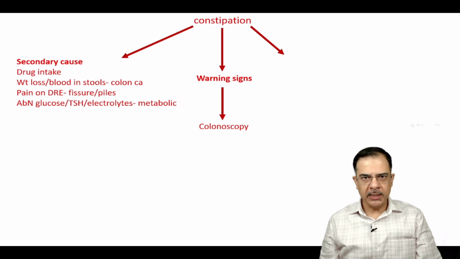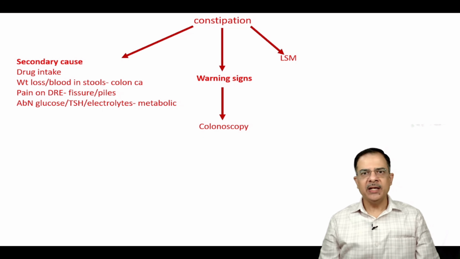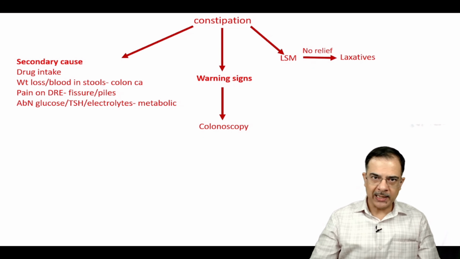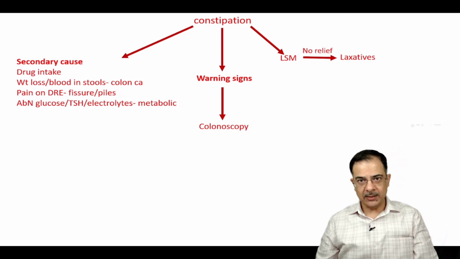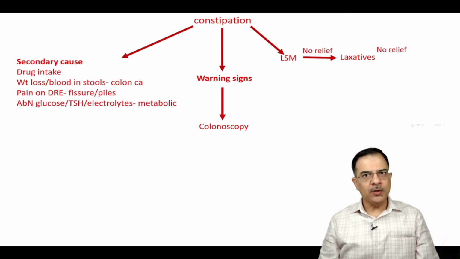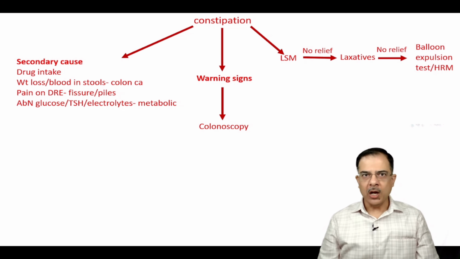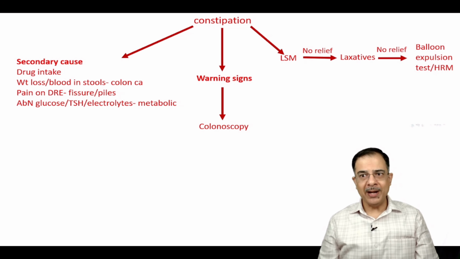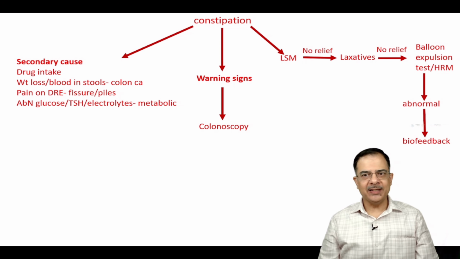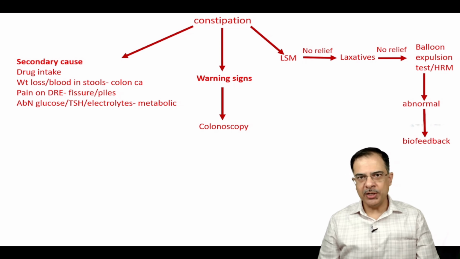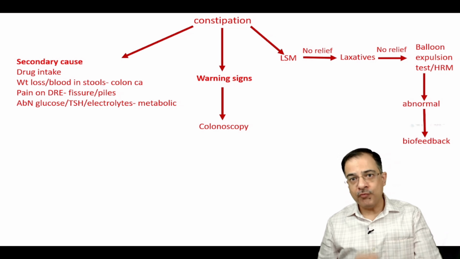If there are no warning signs and no secondary causes, it is most likely functional. First, lifestyle modifications. If there is no relief, give laxatives: first an osmotic laxative, followed by stimulant laxatives. If there is still no relief, we go for the balloon expulsion test or high resolution manometry. If that is abnormal, it is most likely a rectal evacuation disorder, which responds to biofeedback.